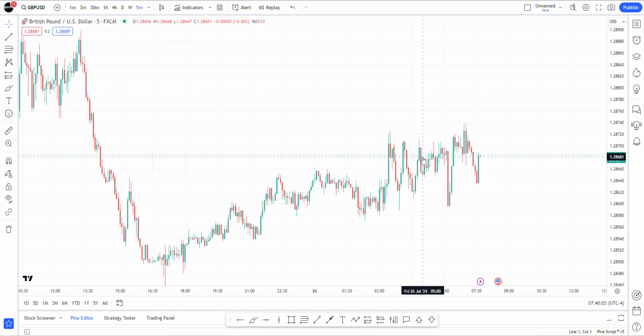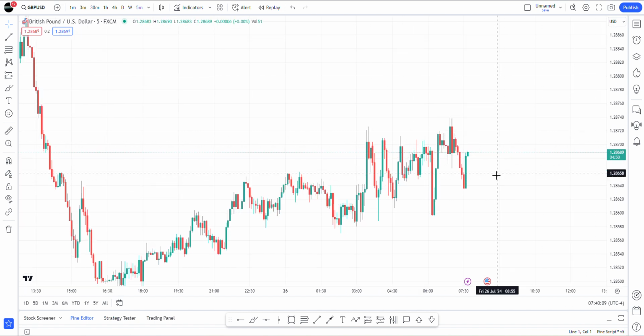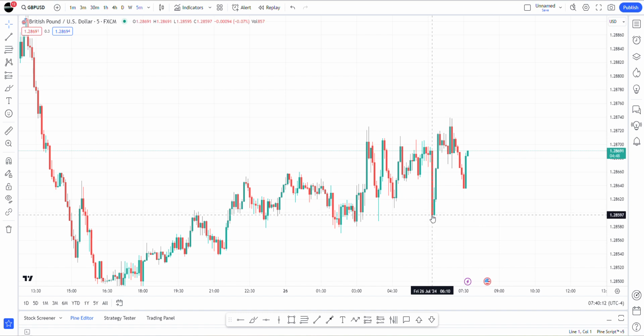And this might throw some people off, but this just makes it easier for me to look at it because I'm not looking at 0.7 and saying, oh, this one took out 0.7 by 0.9, so not even a pip.